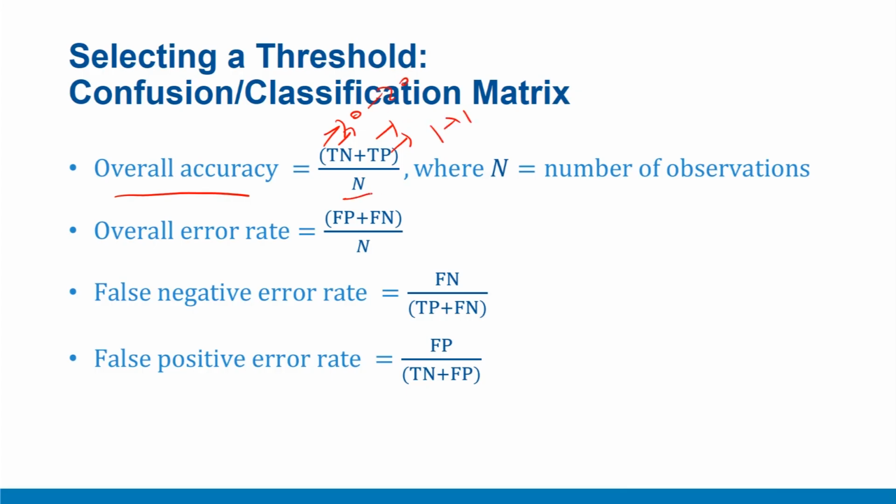Divide by the total number of observations. So this is your overall accuracy. Similarly, overall error rate: false positives, those are zeros that are incorrectly classified as ones, and false negatives, those are ones that are incorrectly classified as zeros. So both are inaccurate classifications divided by the total number of observations. So this is our overall error rate.